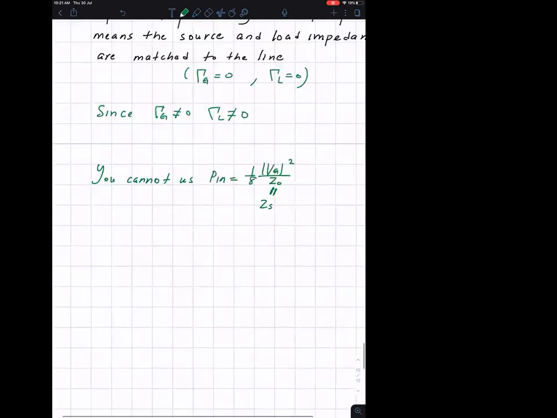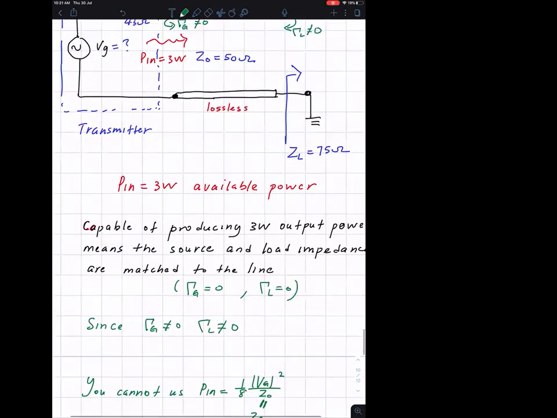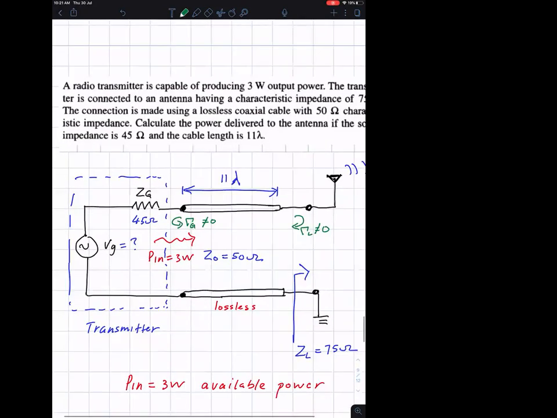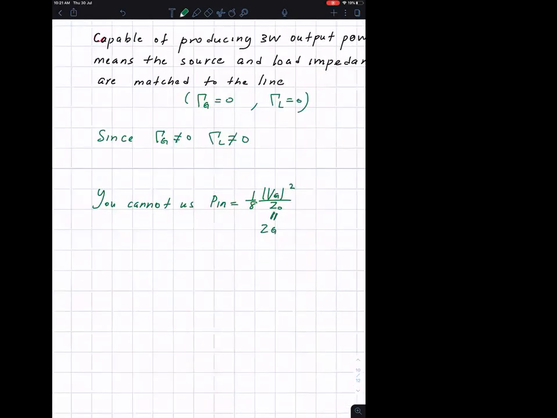Also, the source impedance, I also use VG. Under matched conditions, the characteristic impedance is equal to the generator or source impedance, and that will also be equal to the load impedance. If all of them are equal, then the reflection coefficients, gamma S and gamma L, will be 0. In that case, you can use this formula.